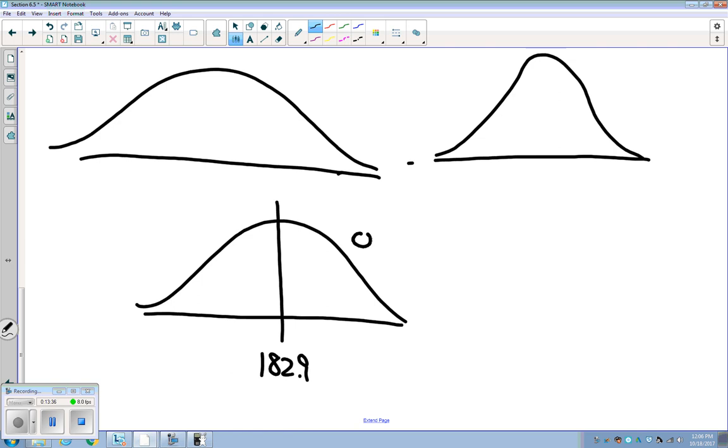My standard deviation now is 10.2. Okay? So one standard deviation up is going to end up to be 193.1. One standard deviation down is going to end up being 172.7. Okay? So I've squished them in, haven't I?